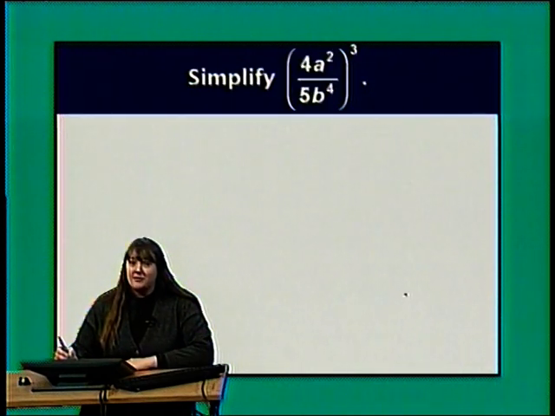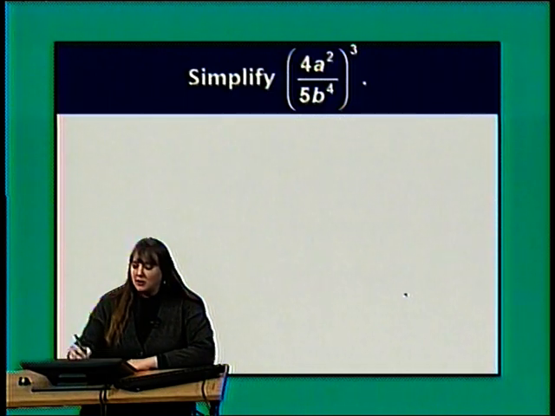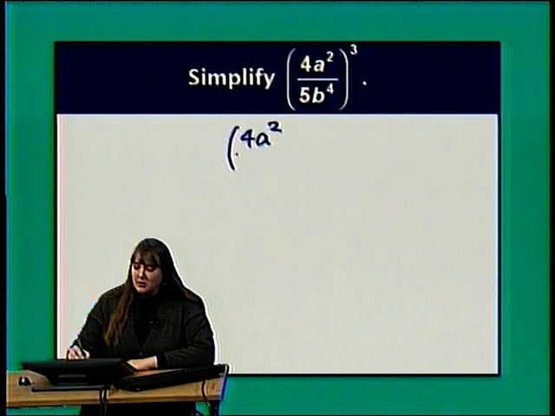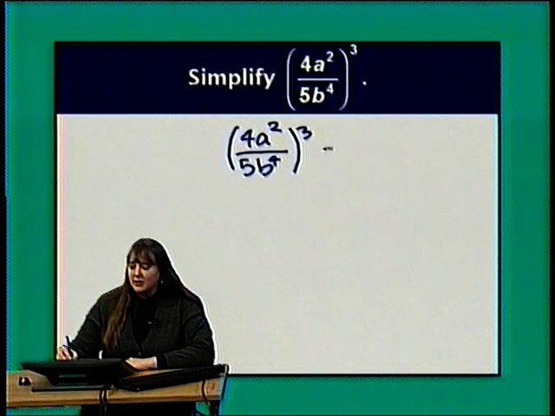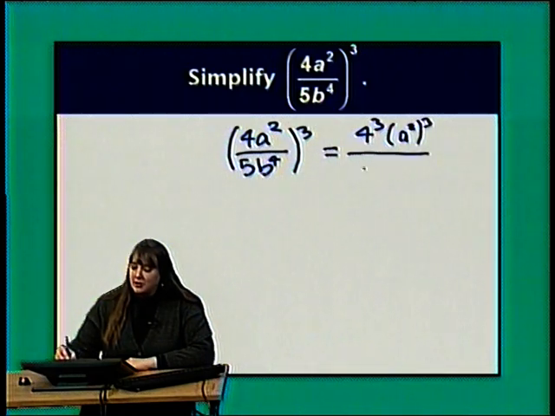Now let's simplify 4a squared over 5b to the 4th, that whole quantity cubed. Well, thinking about the fact that that exponent of 3 needs to be distributed to every factor inside the parentheses, we can just rewrite this as 4 cubed times a squared cubed over 5 cubed times b to the 4th cubed.